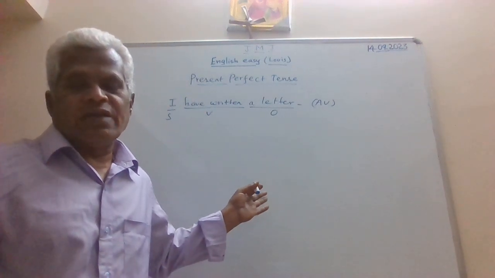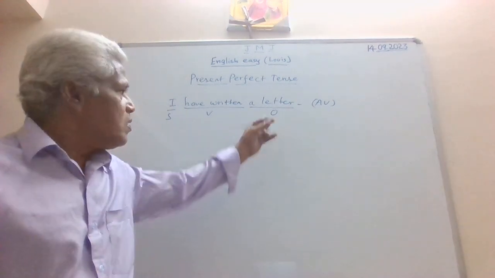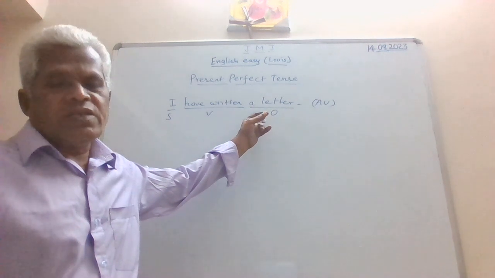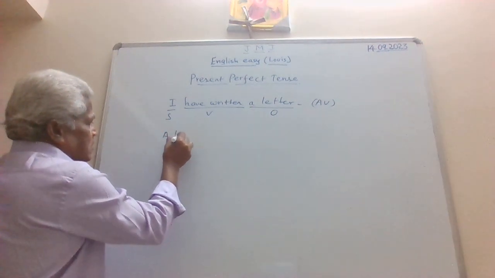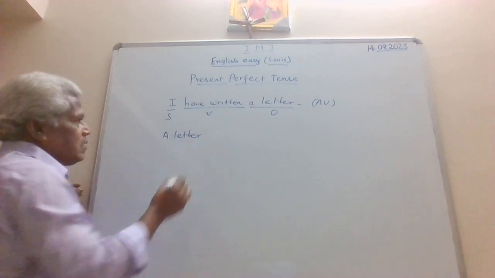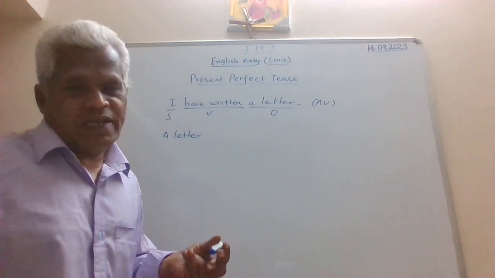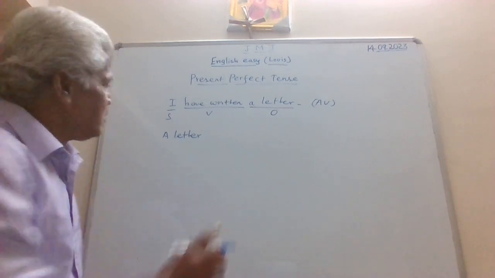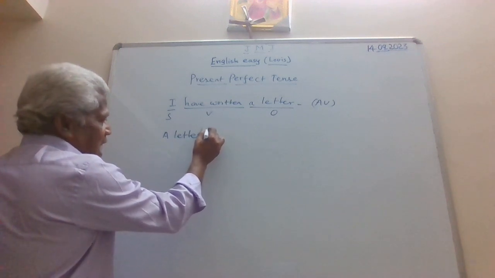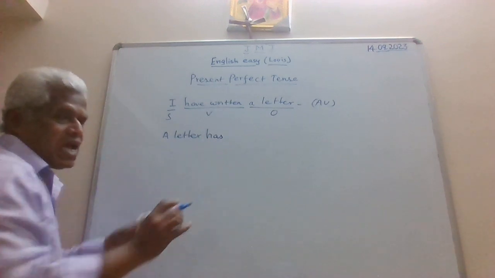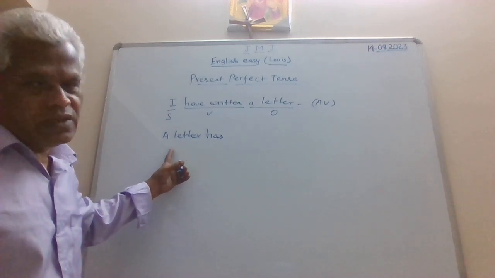So as usual, let us come back to the formula for writing the passivation. The object of the active voice becomes the subject of the passive voice: a letter. Now a small change which you already know is that instead of have, we are going to have has. Why has? Because your subject is third person singular.